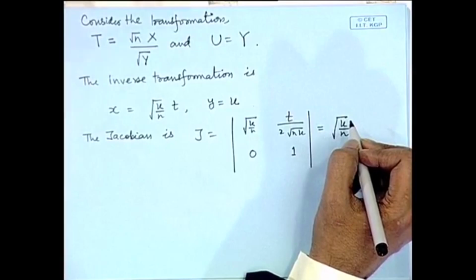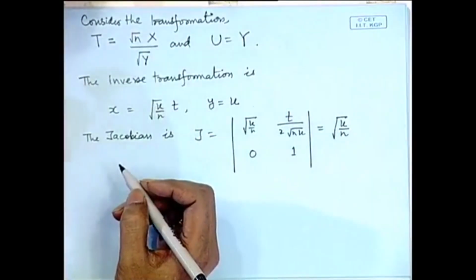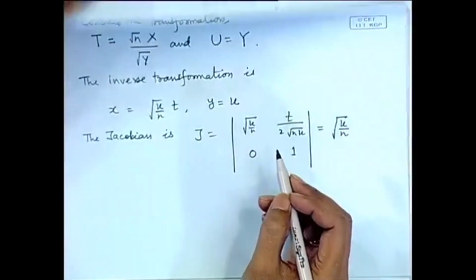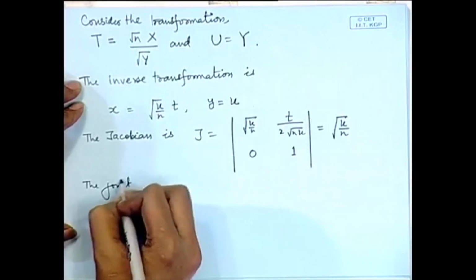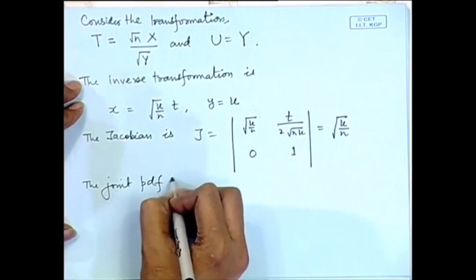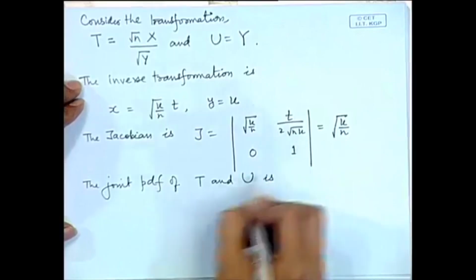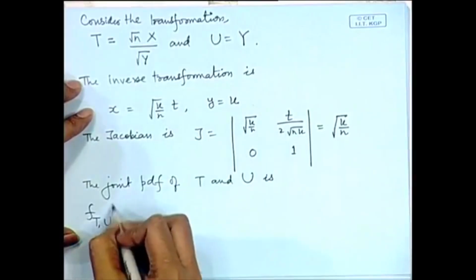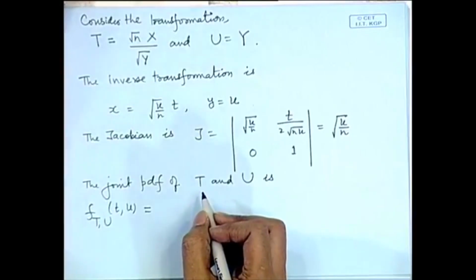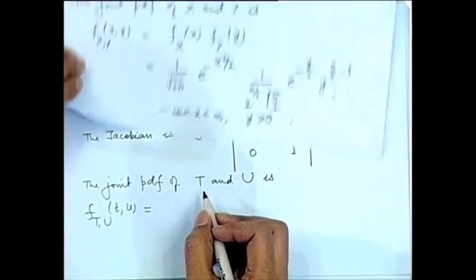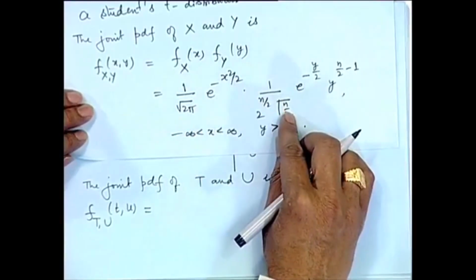So, if we substitute this in the joint density of x, y and multiply by the Jacobian, we get the joint probability density function of t and u, f(t,u). So, let us substitute the values here. 1 by root 2 pi and all this is constant.